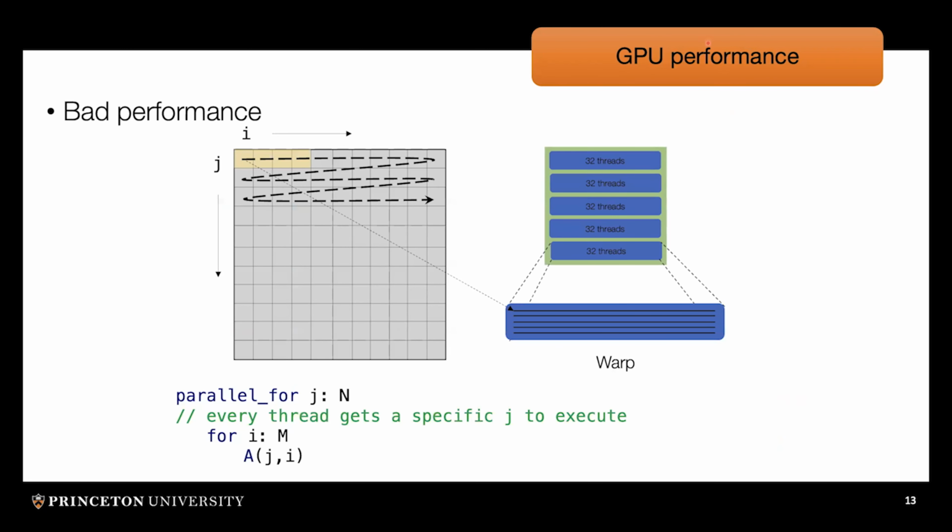So let's consider the case of a GPU with a row major format. Again, thread 1 in the first iteration will ask for A of 0, 0. But before thread 1 can execute an instruction, the scheduler needs to make sure that thread 2 has its data. So the GPU is going to make a call to the DRAM again to get A of 1, 0.